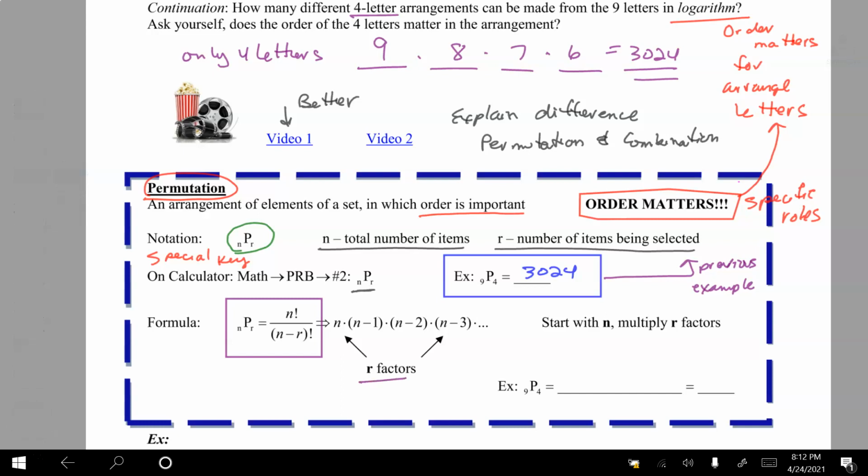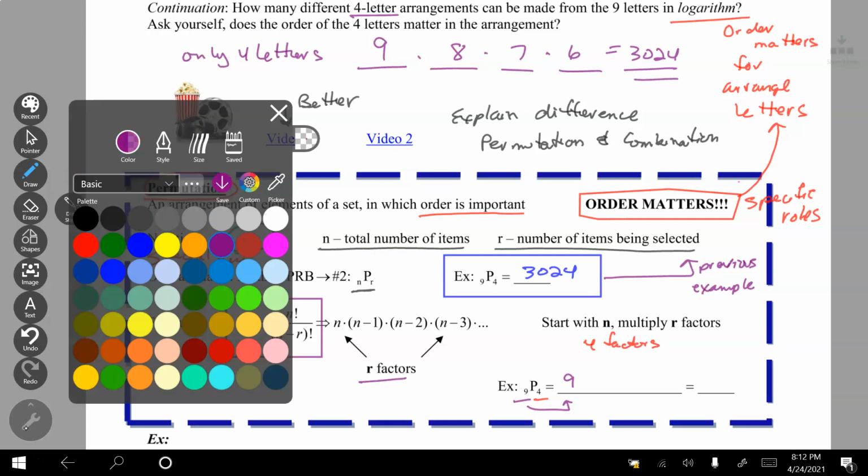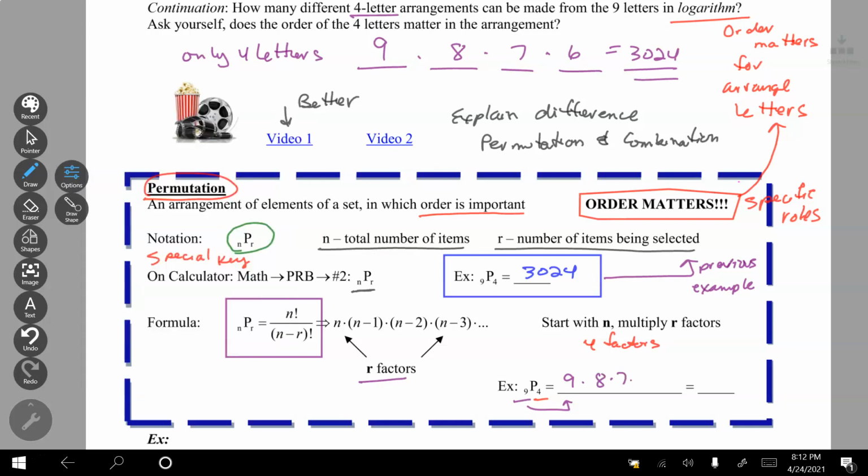So if I wanted to do 9P4, it really means start with 9 and create 4 factors. So it would be 9 times 8 times 7 times 6, which is exactly what the previous example looked like for the 4 letters out of logarithm, 3,024 ways. That's what 9P4 is.